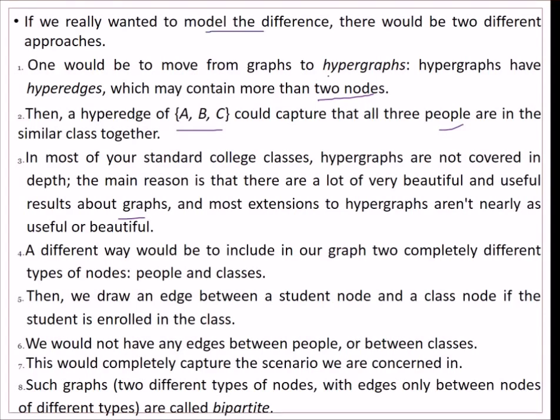Then we can draw an edge between a student node and a class node if the student is enrolled in the class. If we do not have any edge between people or between classes, this completely captures the scenario we are concerned with.